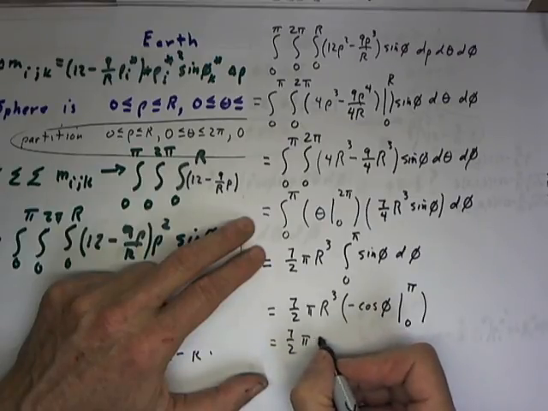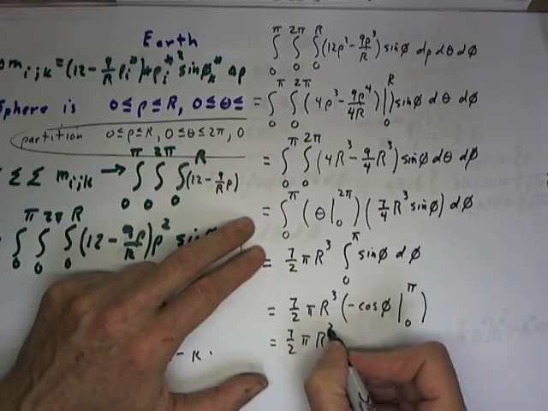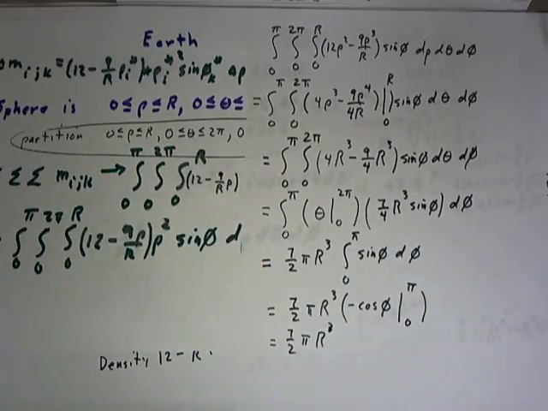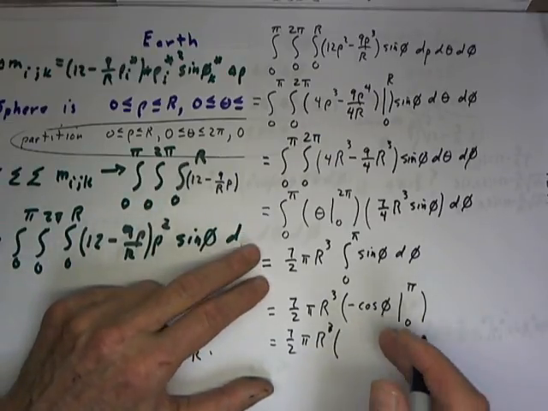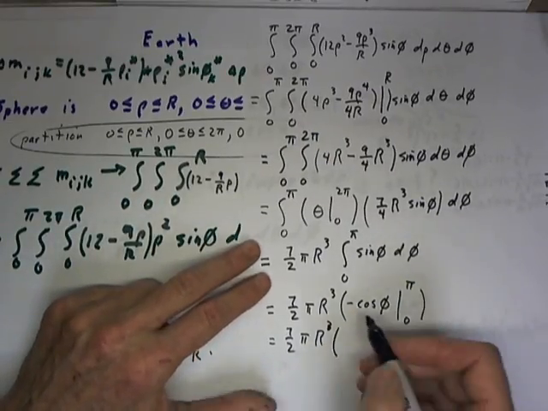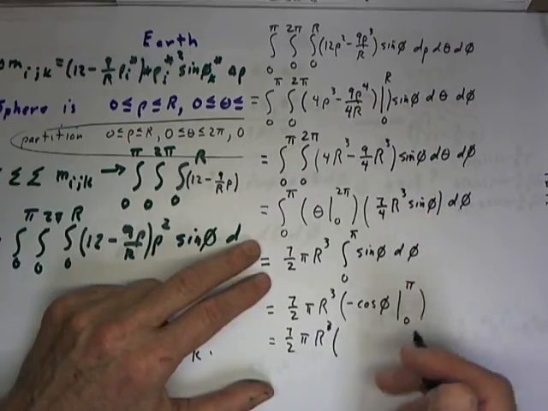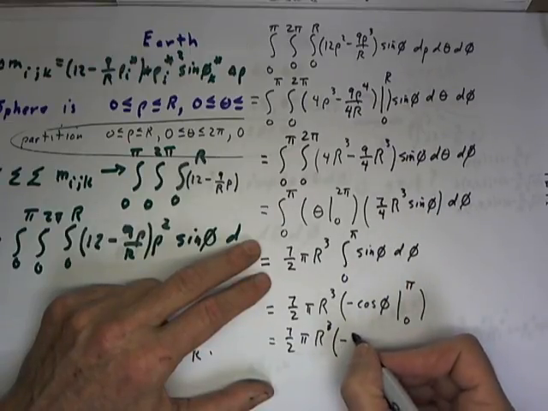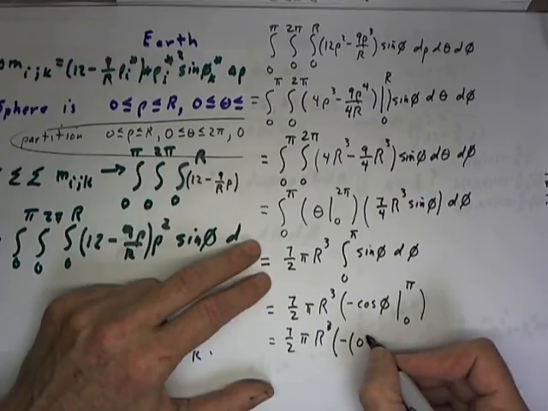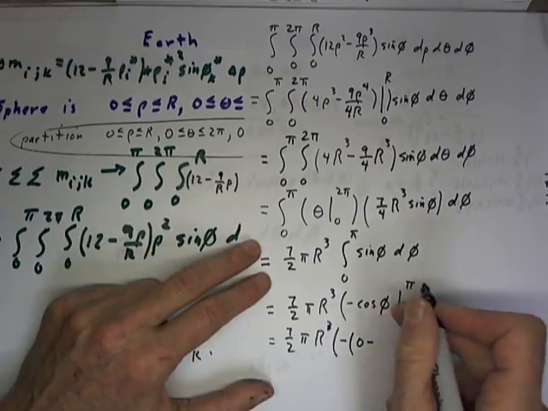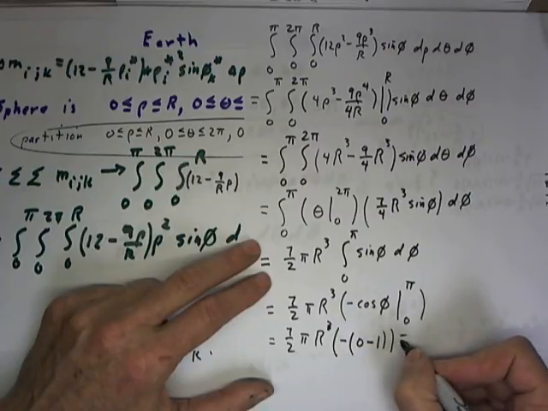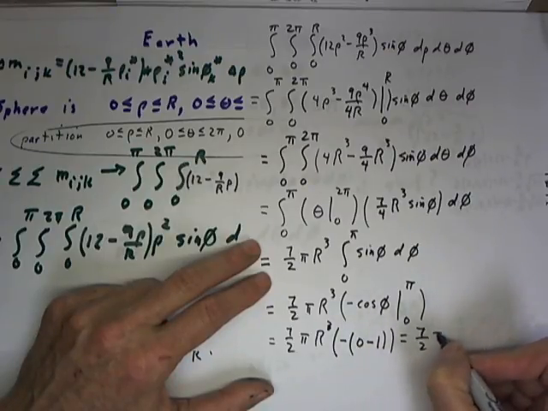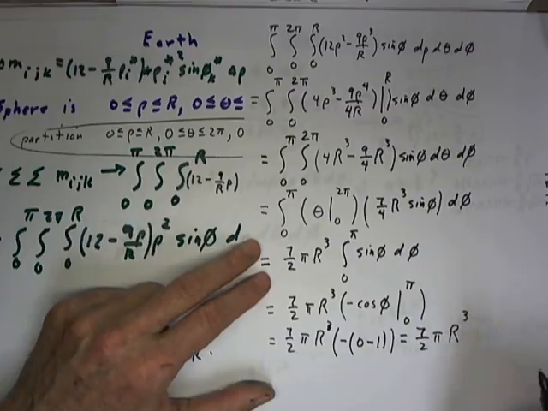And that's going to give us 7/2 pi R cubed multiplied by cosine of pi, which is negative 1, and cosine of 0 is 1. So we end up with just 7/2 pi R cubed.